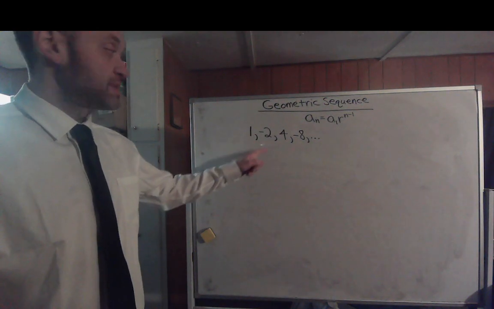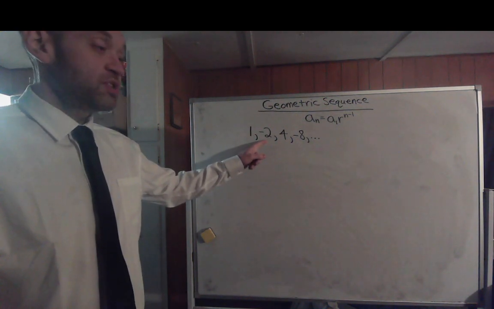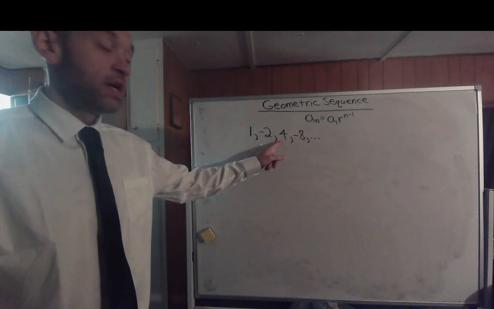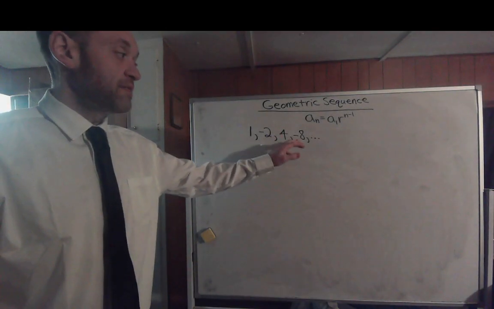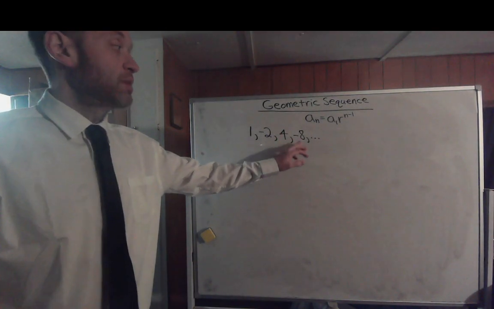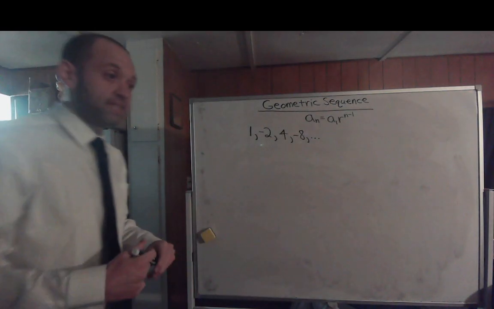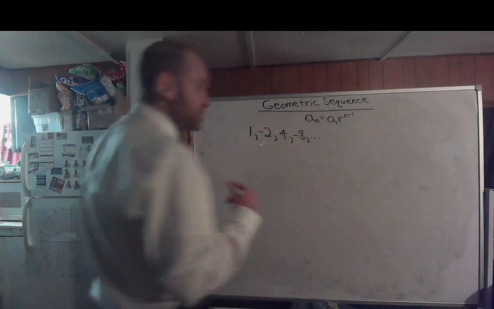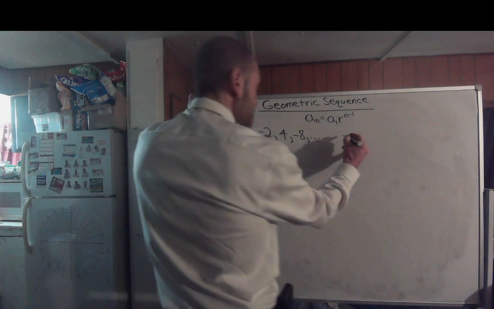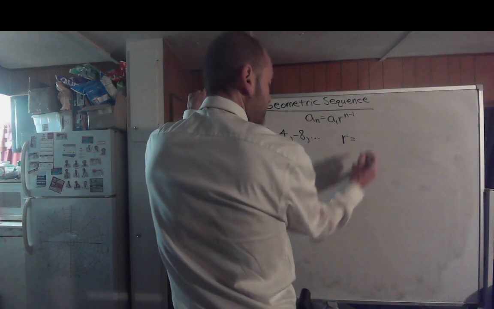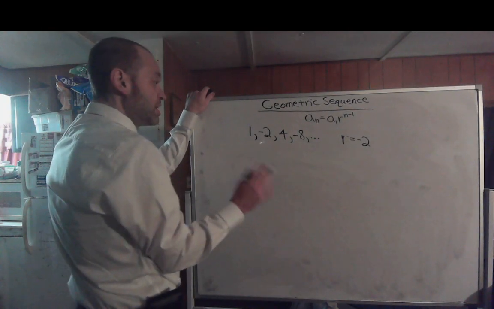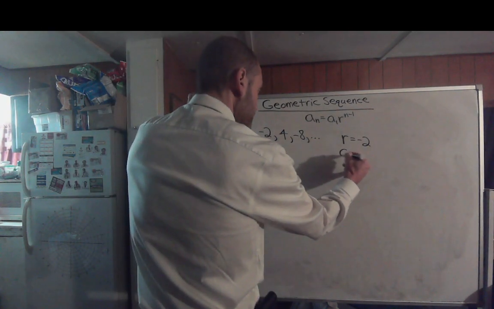Well, 1 times -2 equals -2, -2 times -2 equals +4, and then 4 times -2 equals -8. So actually, yes, this is geometric because you have the same common multiple of -2 between each of the terms. So your common ratio is going to be -2. Now your a sub 1 term is 1.